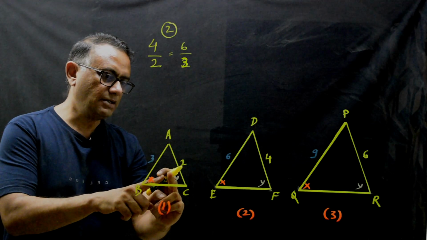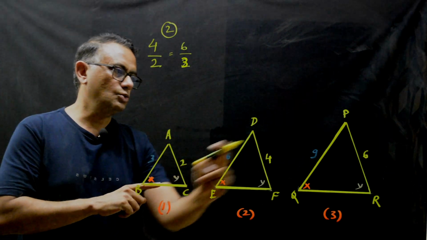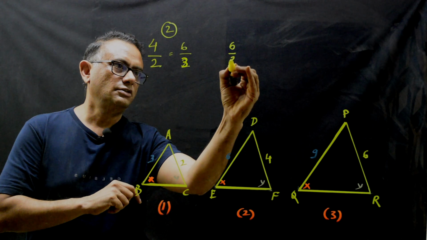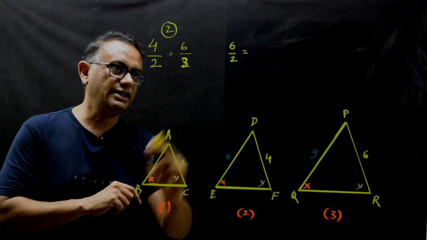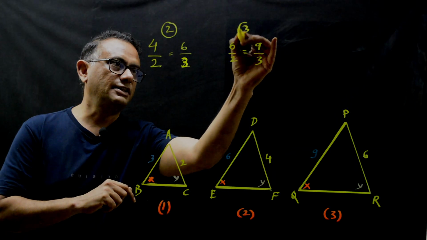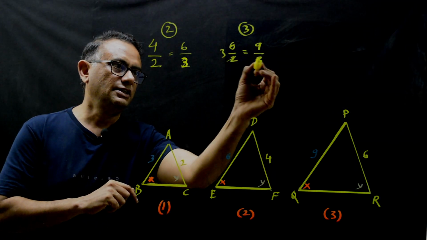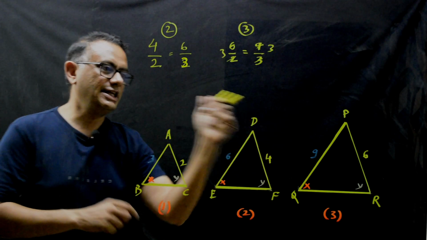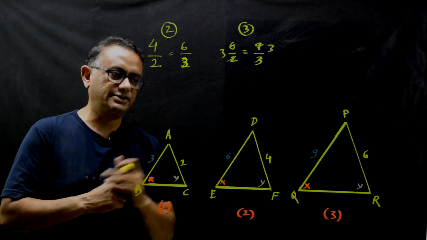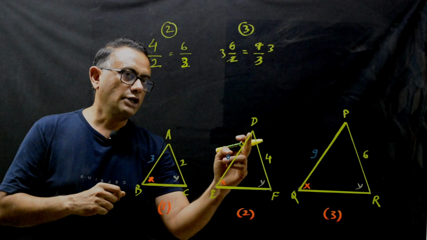Similarly, when we compare 1 and 3, this is 2, it is 6. So 6 divided by 2 will be the same as 9 divided by 3, and the scale factor here, each of these is 3, which corresponds to the scale factor of 3 between triangles 1 and 3.